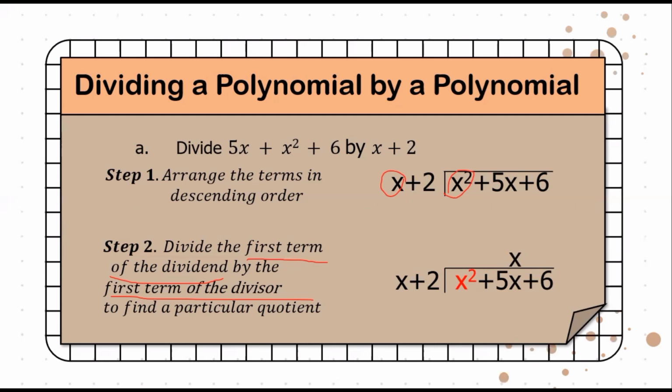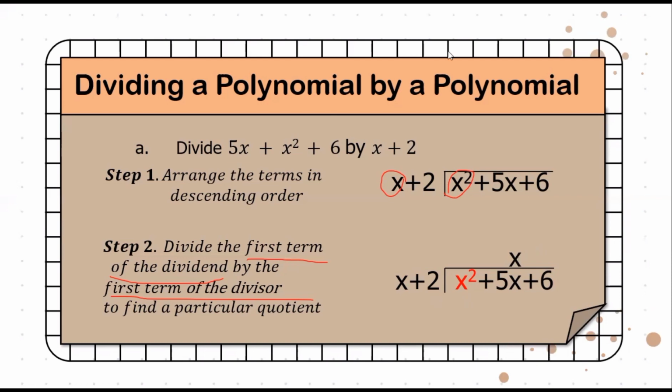Hindi pwedeng under dun sa line ng x squared kasi magkaiba sila ng degree. Okay? So, always remember na kapag kumukuha kayo ng quotient using the long division method, i-align nyo yung quotient doon sa kahilera niya ng degree, or with same degree. Okay? So, we have now x squared divided by x, it will give us x.